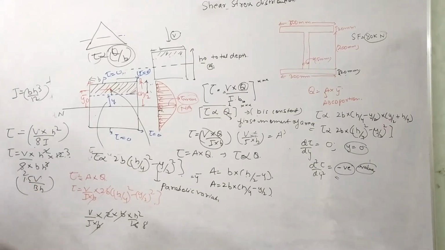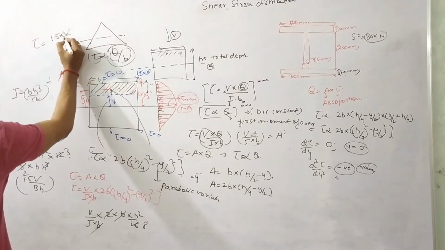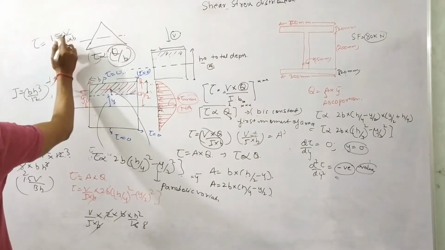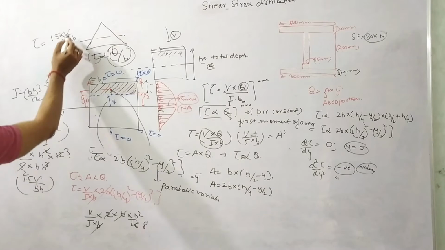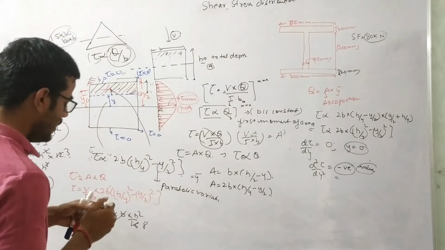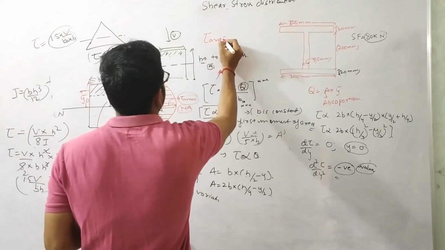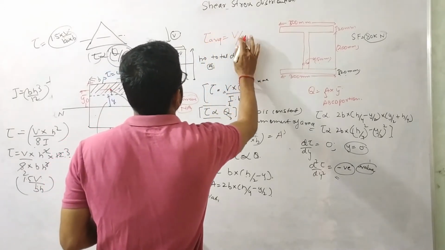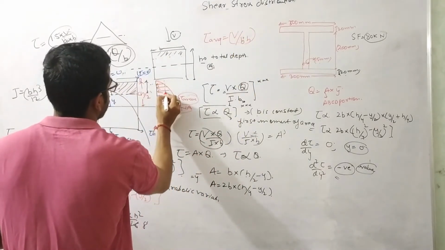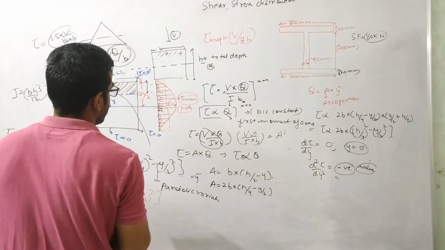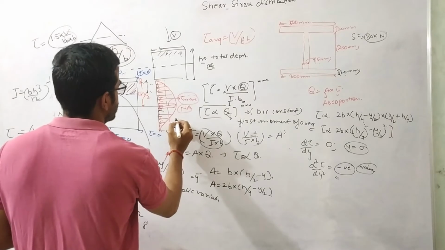So tau at the neutral axis will be 1.5 times V over b into h. But b into h is my cross section area, so this is the tau max. Generally, we have seen the formula for tau average, which we calculate like this: V upon b into h, taken as uniformly distributed over the cross section.